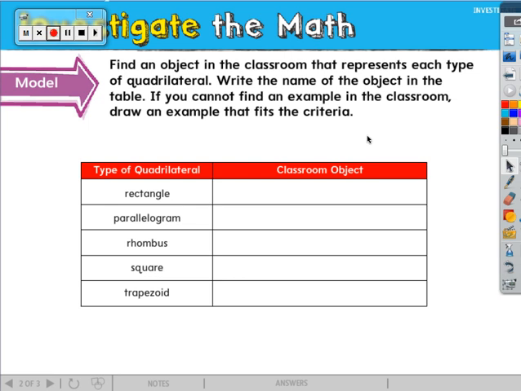So who can tell me something in the classroom that is a rectangle? Rendon. The thing right there that's for your foot. The sit and reach box.